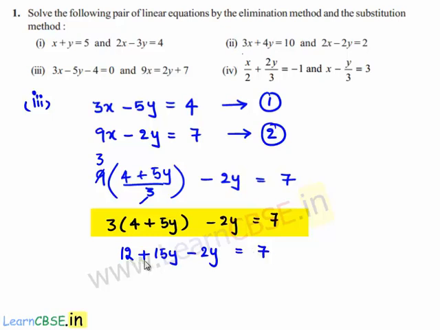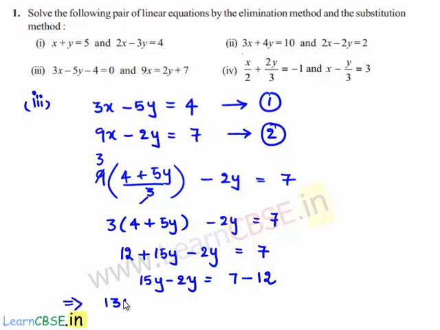So 12 is transposed to right hand side, we will be getting 15y minus 2y is equal to 7 minus 12. So 15y minus 2y is nothing but 13y, and 7 minus 12 is nothing but minus 5. That implies y is equal to minus 5 by 13. So we have obtained the value of y as minus 5 by 13.